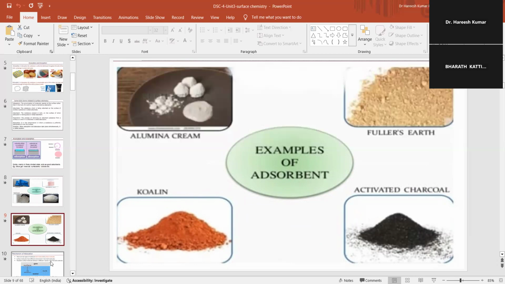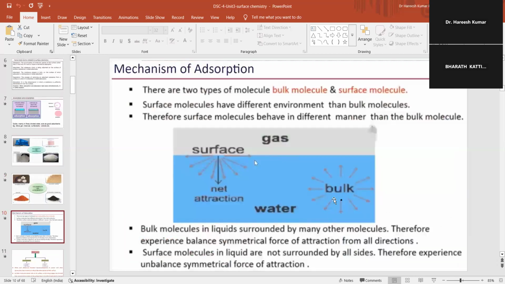So here I am taking the difference between the bulk, meaning absorption, and adsorption mechanism for surface phenomena. There are two types of molecules. Bulk molecule means absorption. Surface molecule means adsorption. Surface molecules have a different environment than bulk molecules.